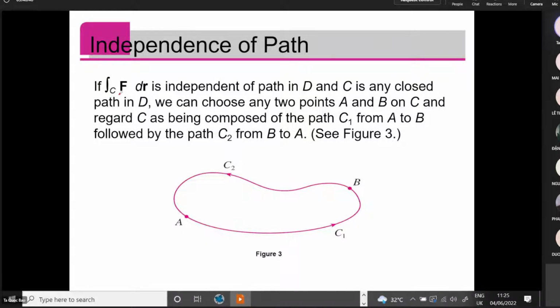Now, if the integral of F dot dr is independent of path in D and C is any closed path in D, we can choose any point.